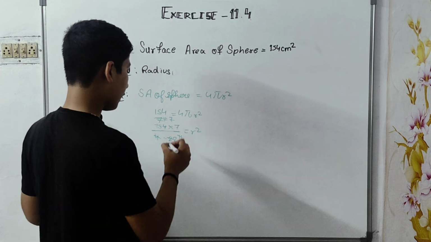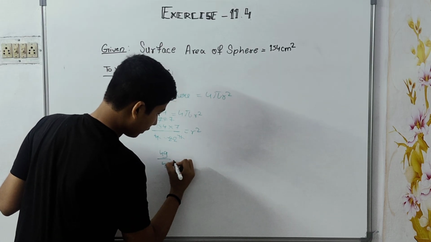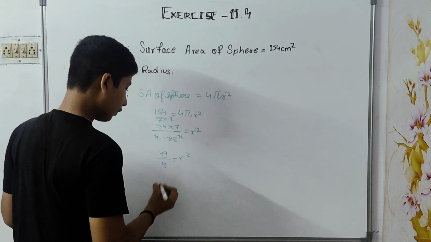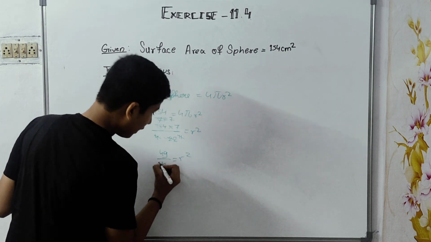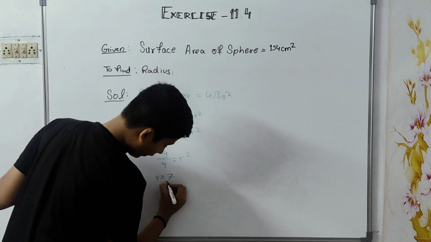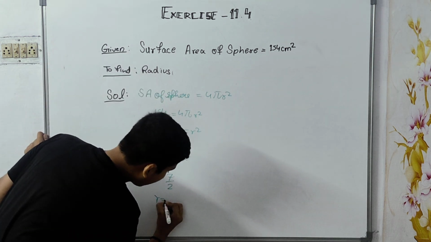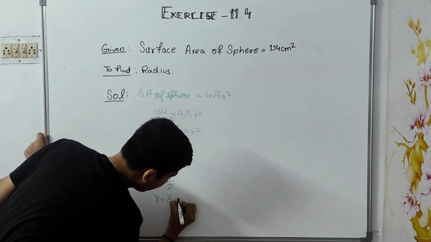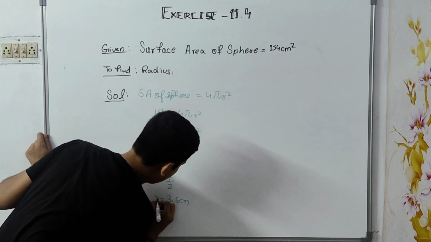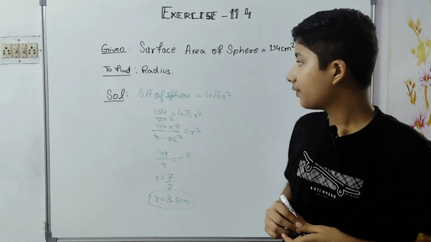Now 7 7s are 49, so 49 by 4 equals r square. So r will be root of 49 is 7 and root of 4 is 2. Now 7 divided by 2, r is 3.5 centimeters. This would be our final answer.